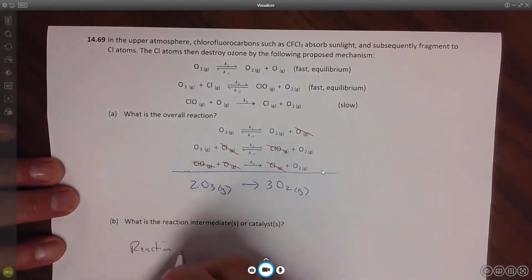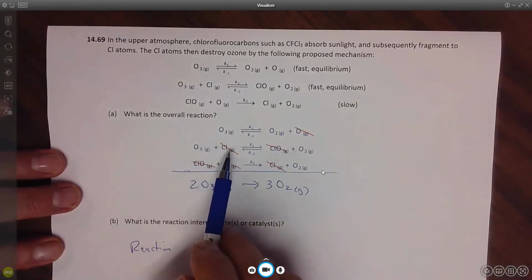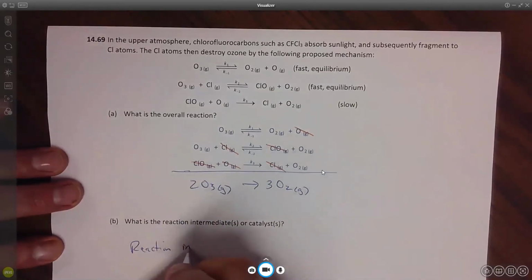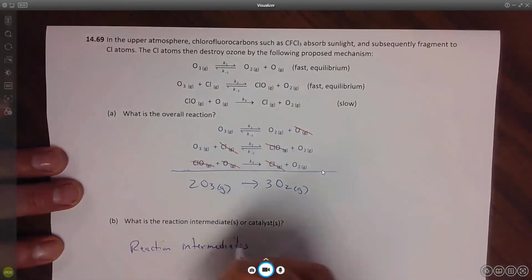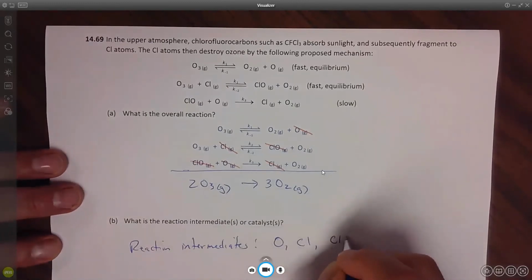Oxygen, chlorine, and then this chlorine monoxide. Okay, so these are our reaction intermediates. So again, we have our atomic oxygen, atomic chlorine, and chlorine monoxide.